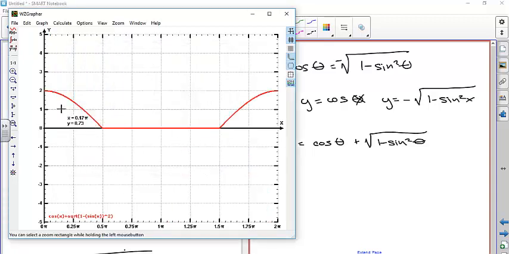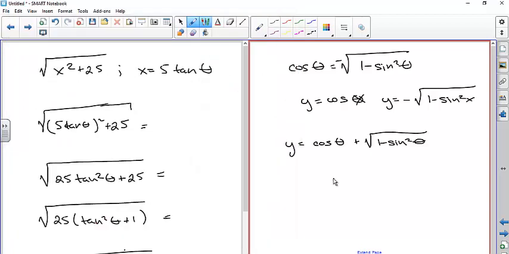You can see between pi over 2 and 3 pi over 2 that this function equals 0, and that's the same interval over which this equality holds true. So the interval from pi over 2 to 3 pi over 2 is when this is true.